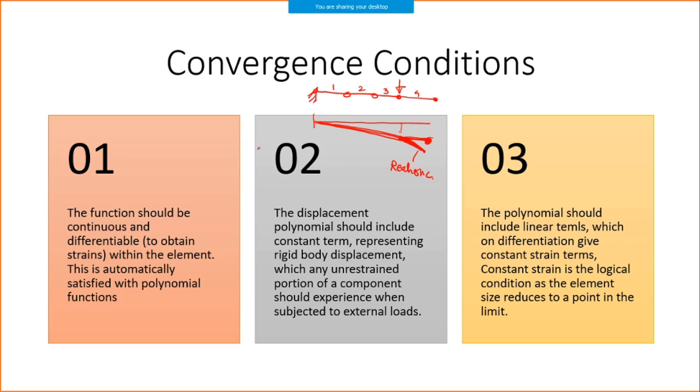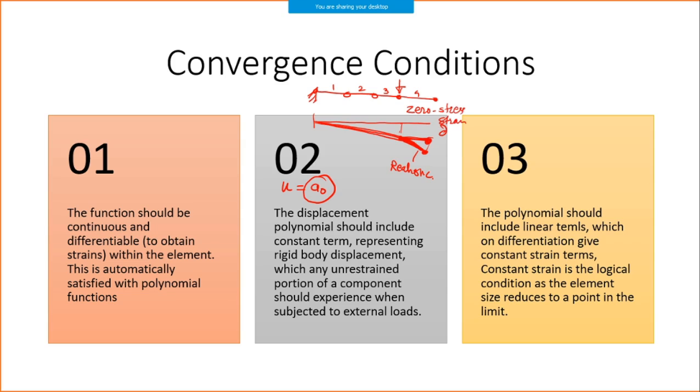Whenever I'm assuming any polynomial, this constant term should be there, and if I'm not using this constant term, it will not take account of rigid body deformation. This particular element is not deforming at all. It is only moving from one place to another place. This element will have zero deformation, zero strain, stress, and all these things.